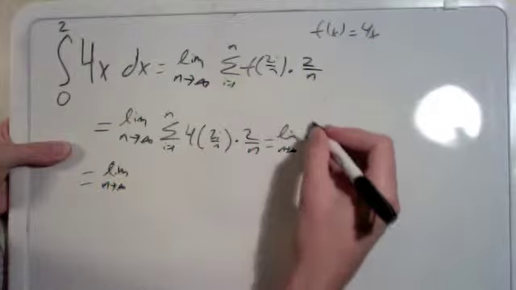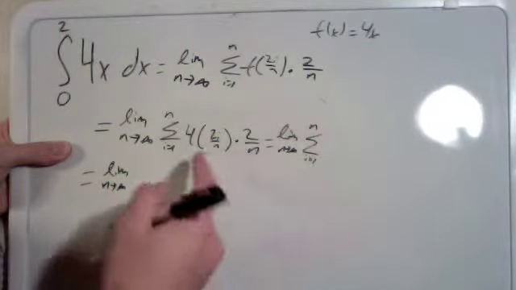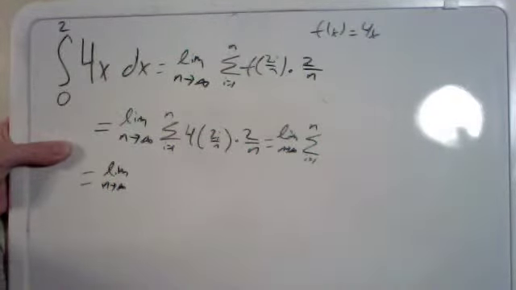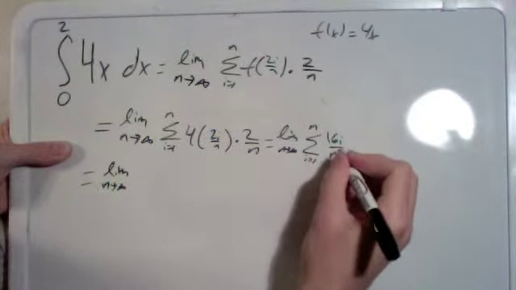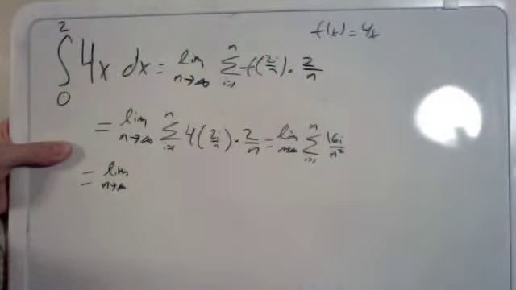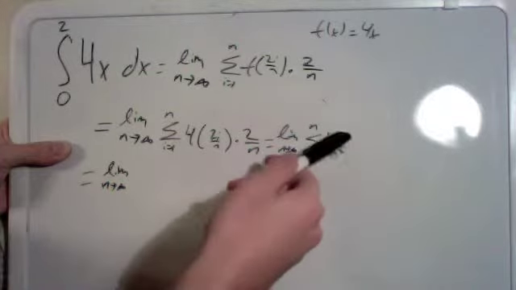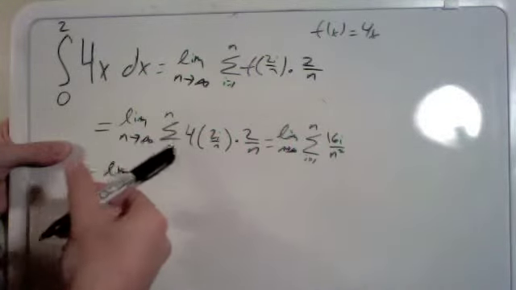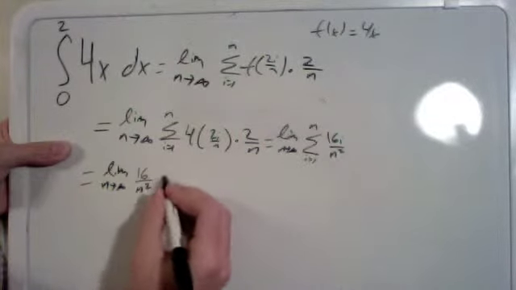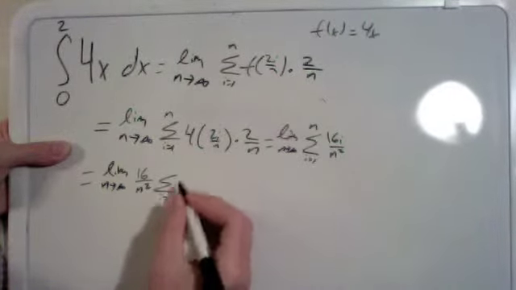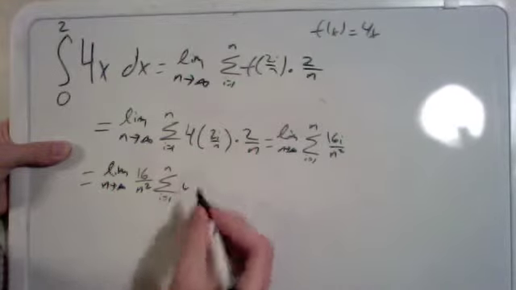If you just multiply it all out, it ends up being 16i over n squared. And now we're going to take out everything that's not an i and put it outside this summation. So it's 16 over n squared times the summation of i.